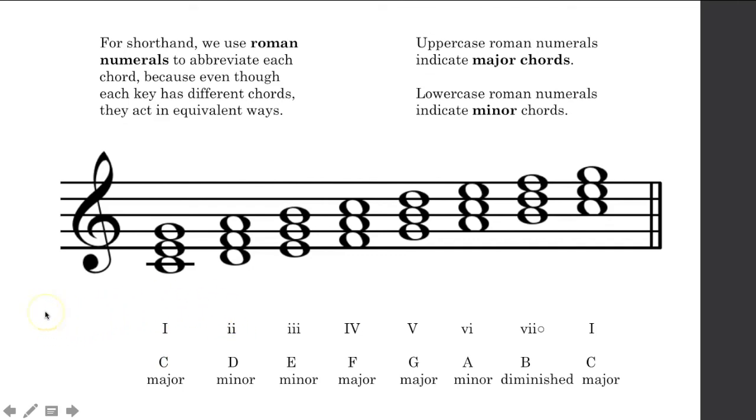Because no matter what key you're in, the 1 chords always act similarly, 4 chords always act similarly. So it's useful to be able to compare pieces of music across each other. We use Roman numerals as a shorthand for this is the central chord, the 1, or this is the 5 chord, the dominant chord, the second most important one.